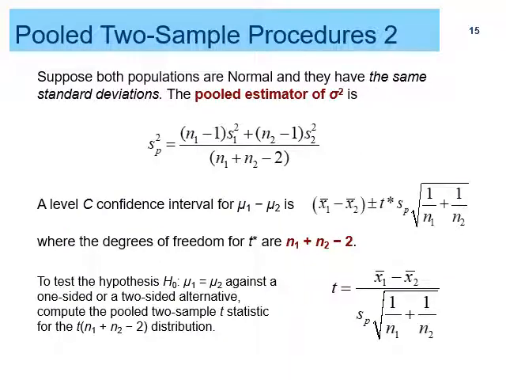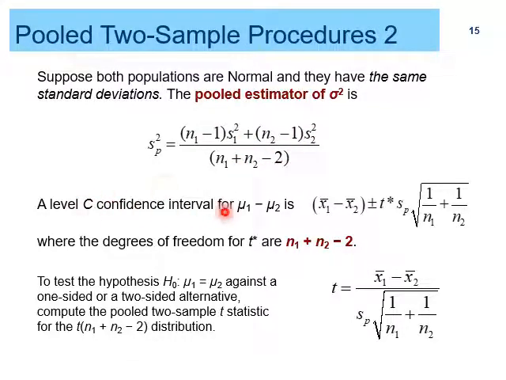So here are the pooled two sample procedures. Suppose both populations are normal and they have the same standard deviations. The pooled estimator of sigma squared is s squared p, which is n1 minus 1 multiplied by s1 squared plus n2 minus 1 multiplied by s2 squared, divided by n1 plus n2 minus 2.